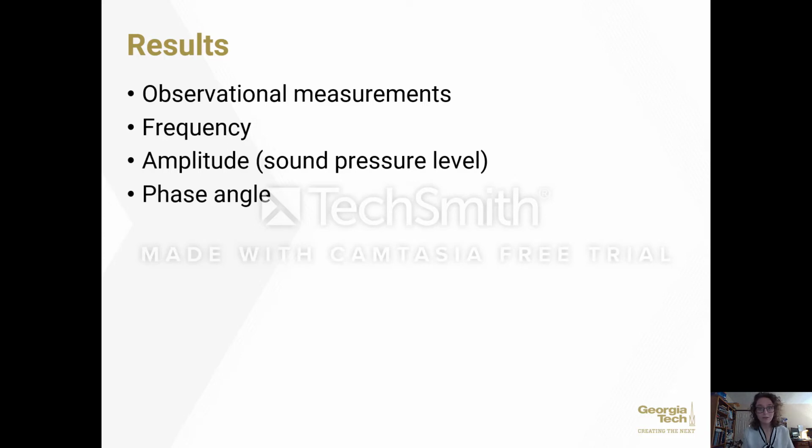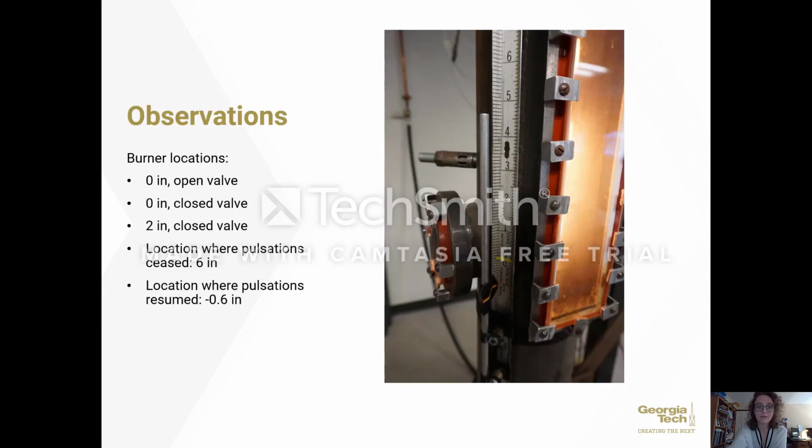The flame turbulence and pulsations were observed using human senses. Pulsations were observed to stop when the tube stopped emitting a ringing noise. The frequency, amplitude, and phase angle measured by the photomultiplier tube, as well as 3 transducers, were calculated using measurements taken from experiments.